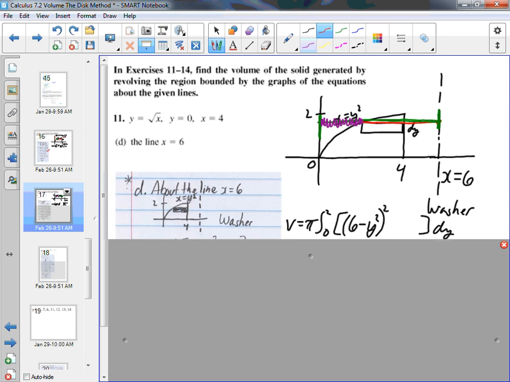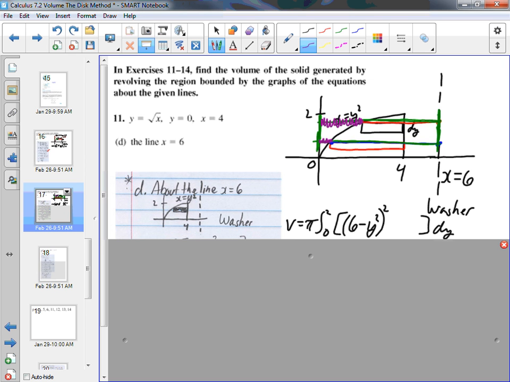It can be lower. That doesn't change anything, because the outer radius still starts here and goes to here. So if I went all the way from here to here, that would still be 6, but I still have to subtract out that.